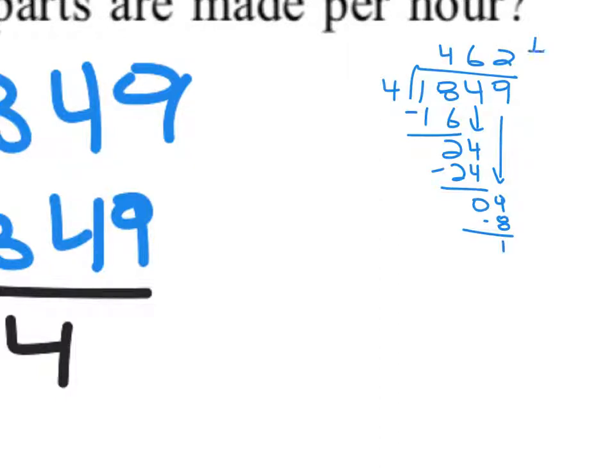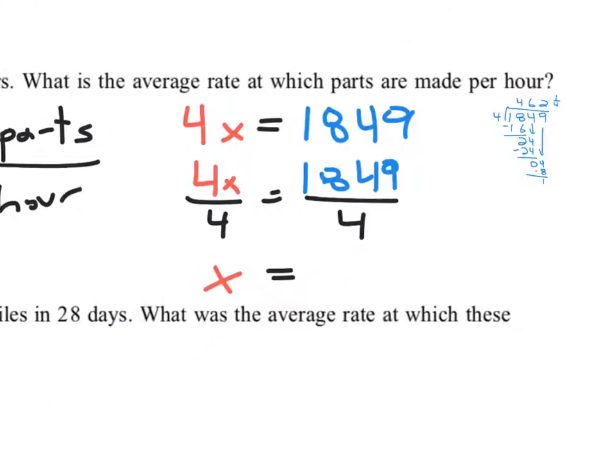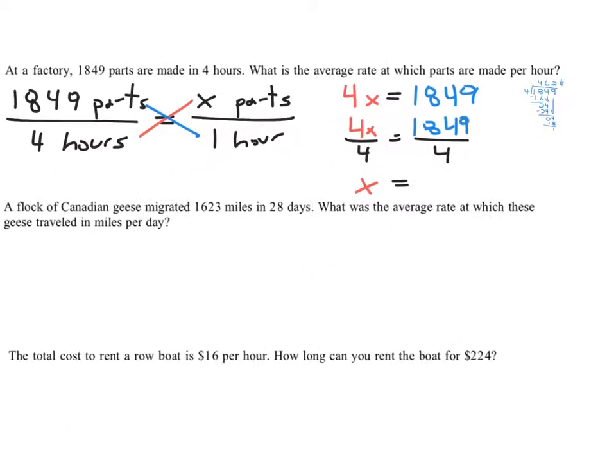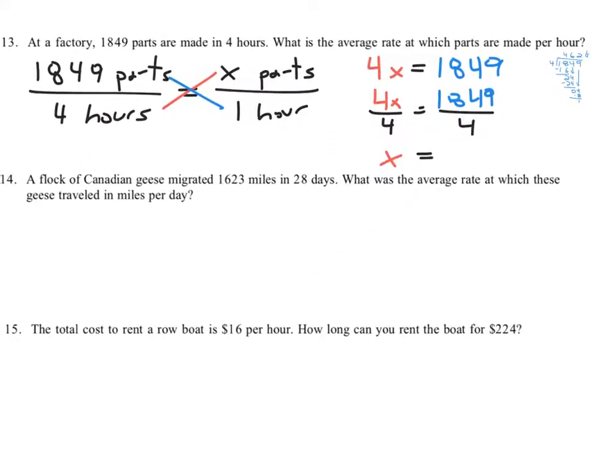And I can write that now as a 1/4 or 0.25, right? But now I'm going to shrink this back down. And we've got x is equal to 462 and 1/4 parts per hour.